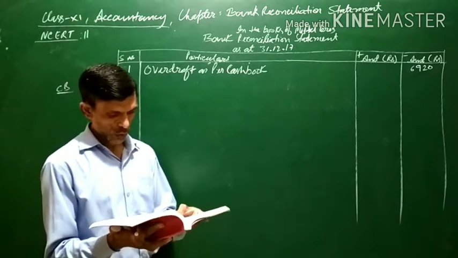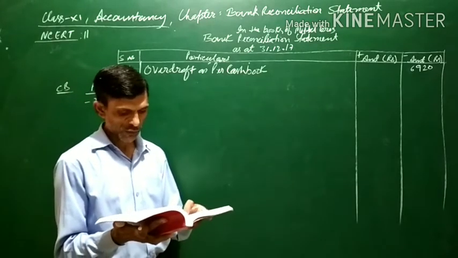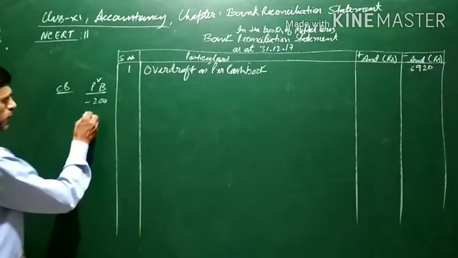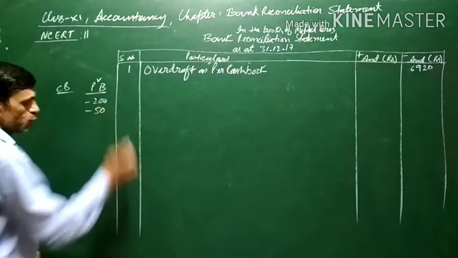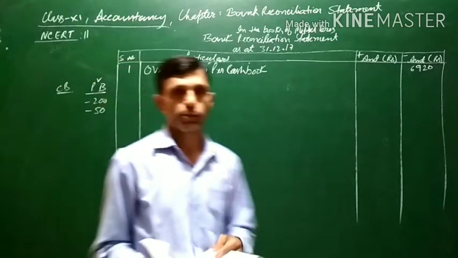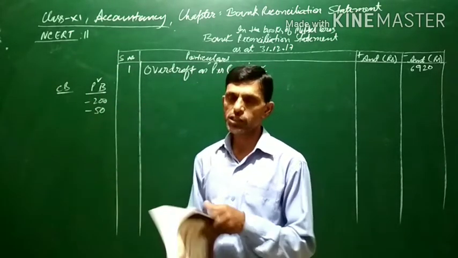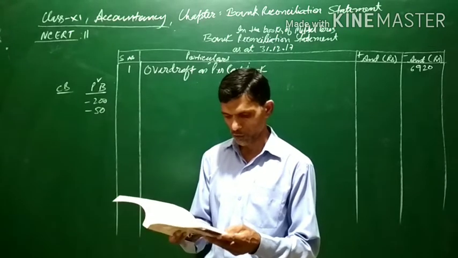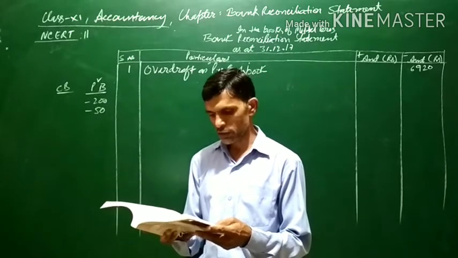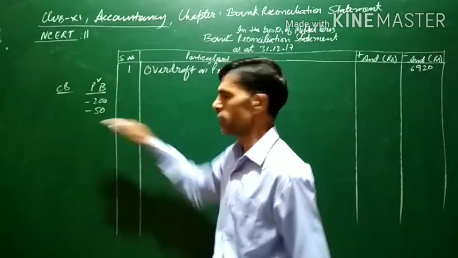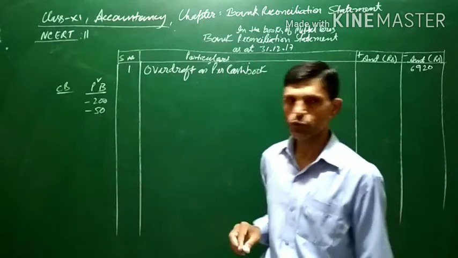For 200 it has been debited on account of interest and 50 on account of charges for collecting bills. There were two deductions; the bank has debited us for two reasons, 200 for interest and 50 rupees on account of charges for collecting the bills. So a lesser balance will be showing in the passbook on account of these two things.